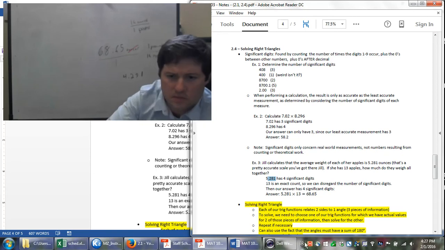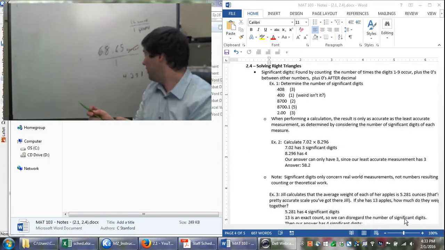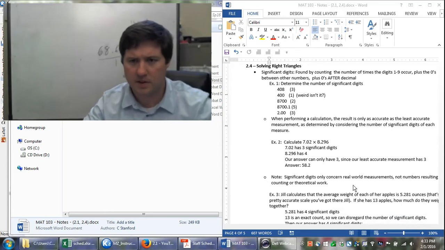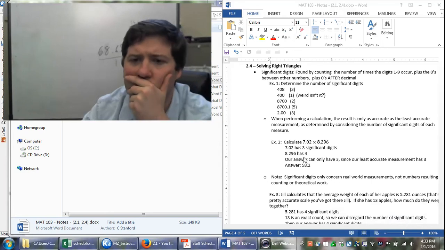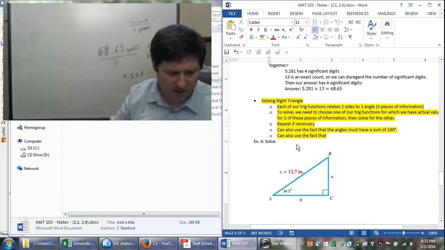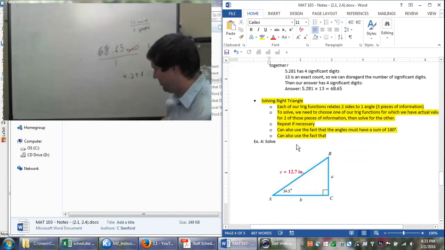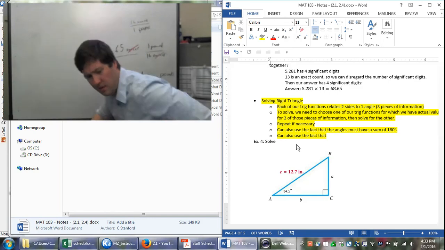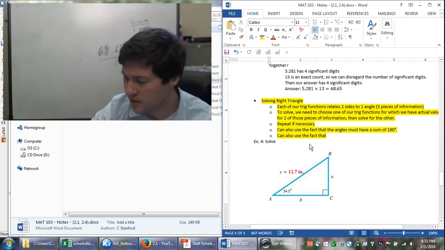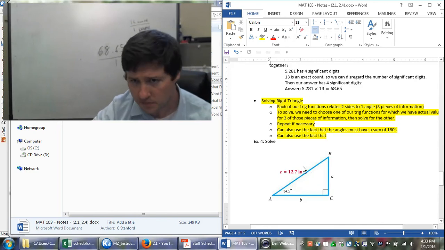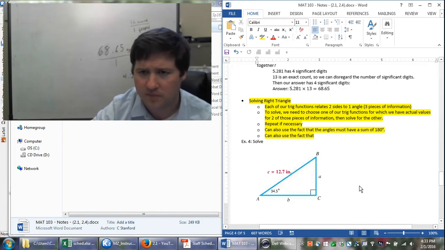So let me get a different color here. None of these markers are working great today. So my ounces cancel out. And here I'm actually going to do this division. 68.65 divided by 16 is who knows what. Let's see, 68.65 divided by 16. I get that this is 4.290625 pounds.